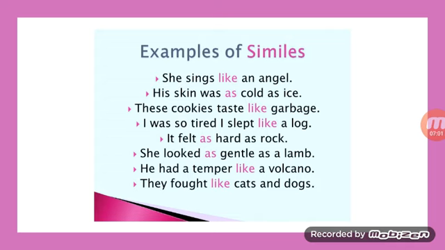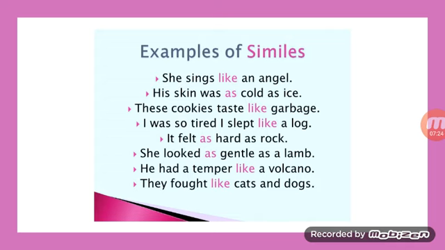Next sentence is, his skin was as cold as ice. Now, as you know that the character trait of ice is its coolness. So, the coolness of the ice is compared to the person's skin using the word as. So, this is also an example of simile. Similarly, the third example, these cookies taste like garbage.